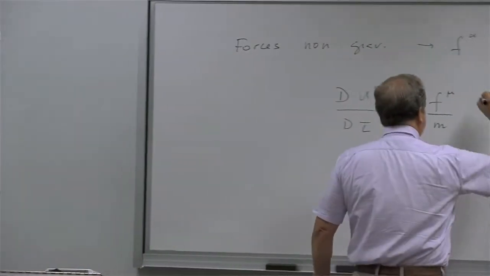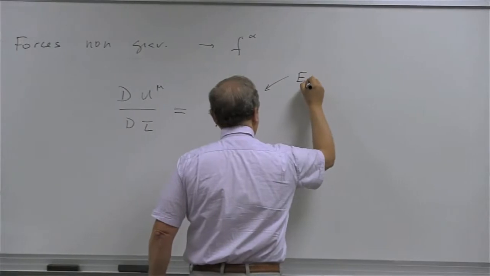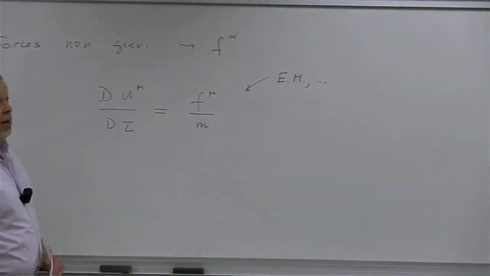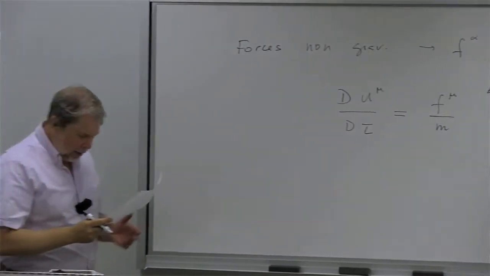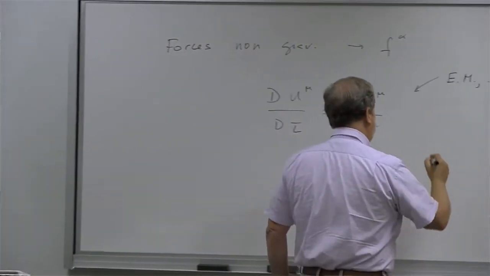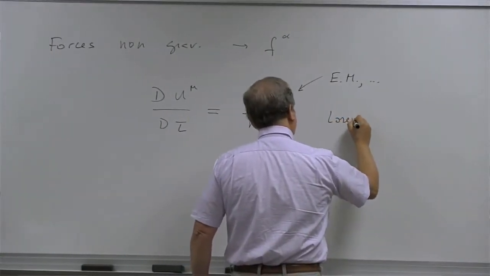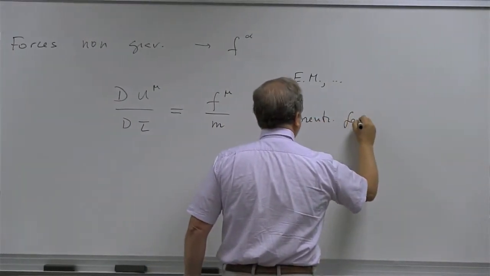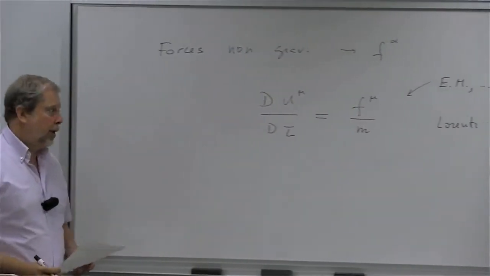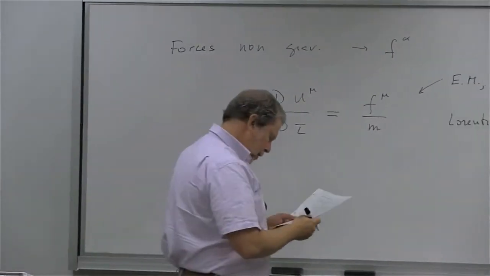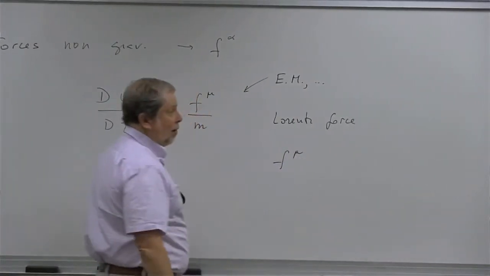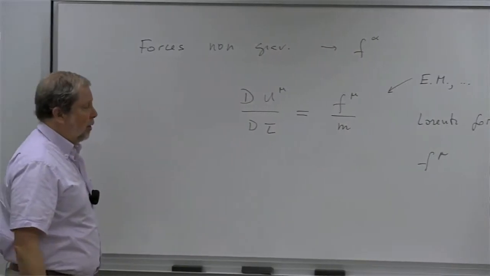And so this force could be, for example, due to electromagnetism, right? Or it could be lots of other things, right? Well, if it is due to electromagnetism, then, of course, it is just the Lorentz force. So in the case of the Lorentz force, we can write that out explicitly, right? Because if you remember, we gave the expression for it in special relativity.